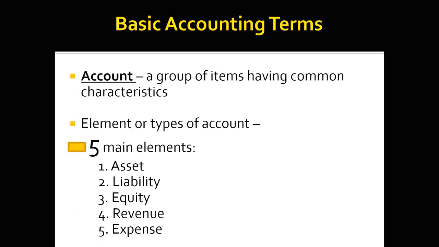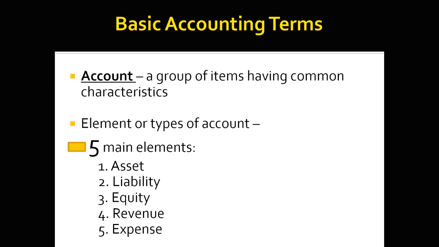Okay, so now we're going to move on. Write these down. Please know these 5 main elements. Yes, I already discussed them. I'm going to discuss them again. So within accounting, there are 5 main elements.